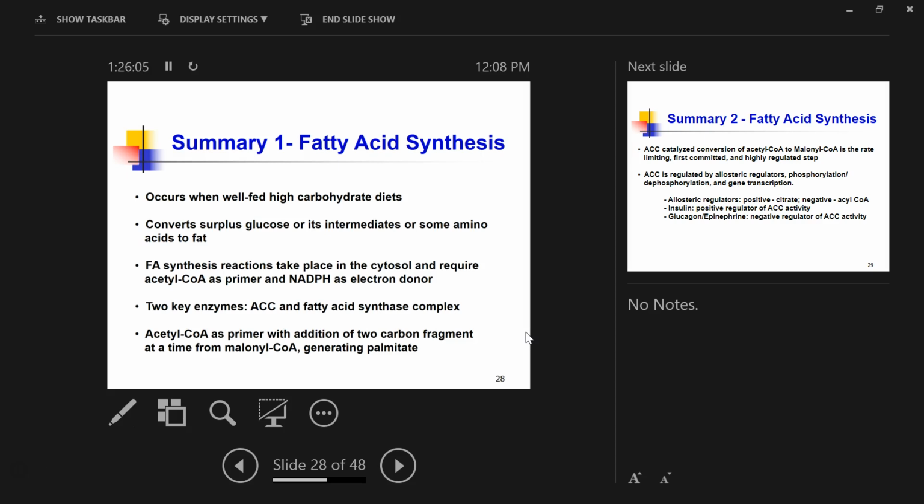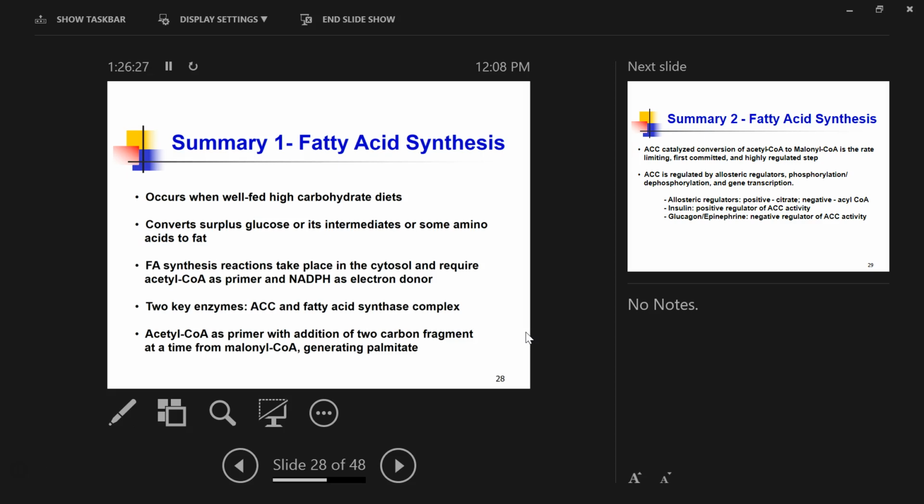And two enzyme complexes are involved. First is the ACC complex, and this complex catalyzes the key reaction, right? Basically, the formation of malonyl-CoA from acetyl-CoA.